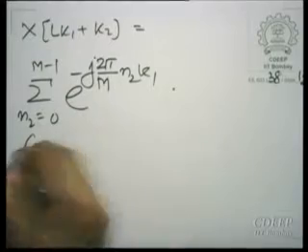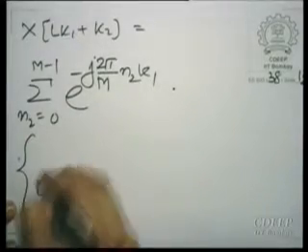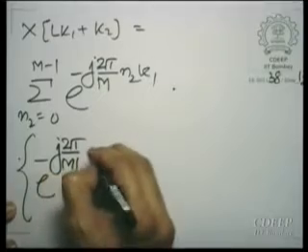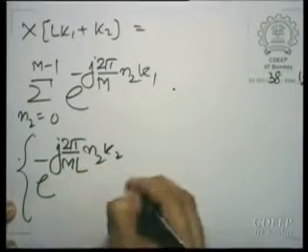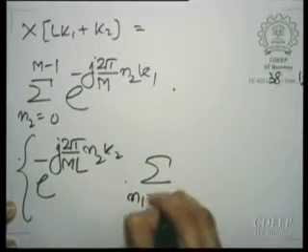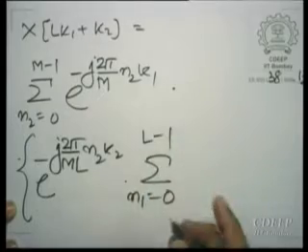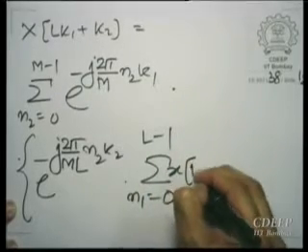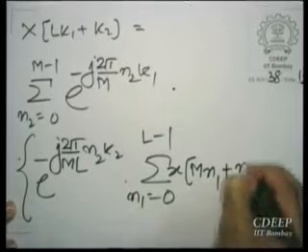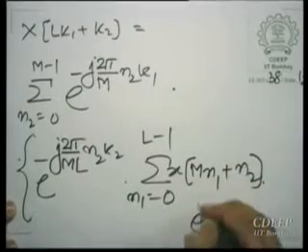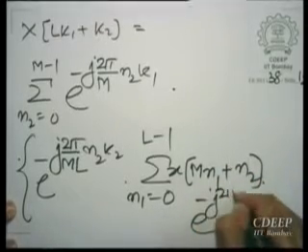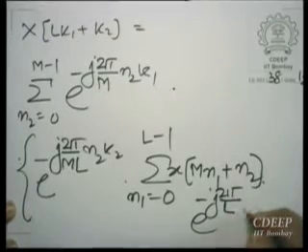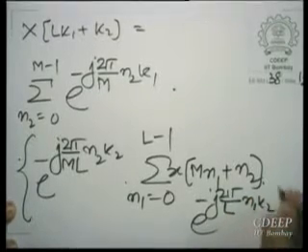Now this is multiplied by e raised to the power minus j 2 pi by ml n2 k2, times the summation on n1 going from 0 to L minus 1 of x m n1 plus n2 times e raised to the power minus j 2 pi by L n1 k2.